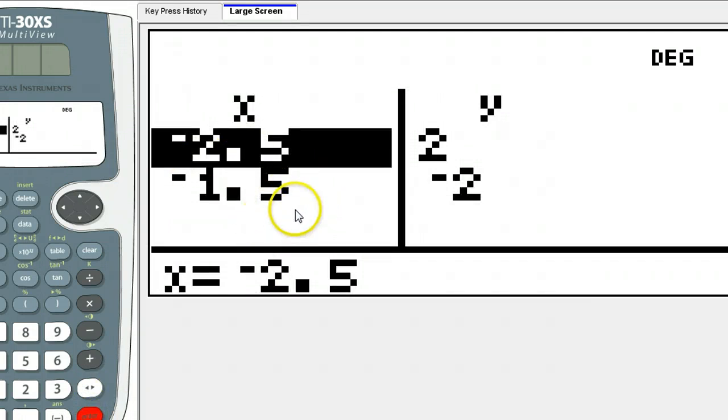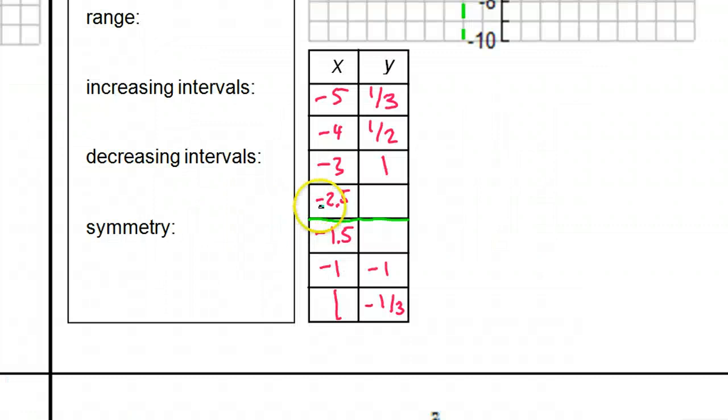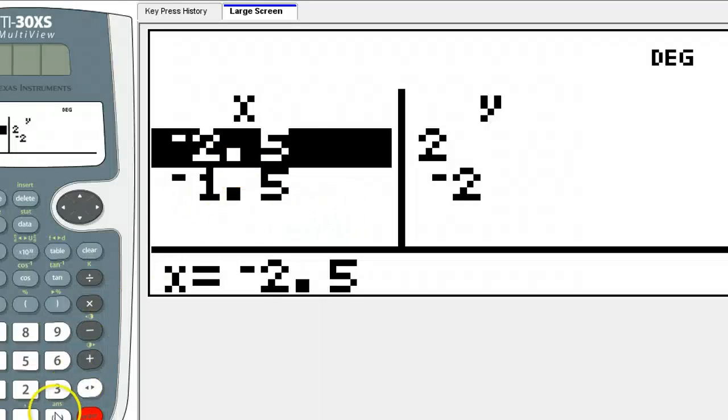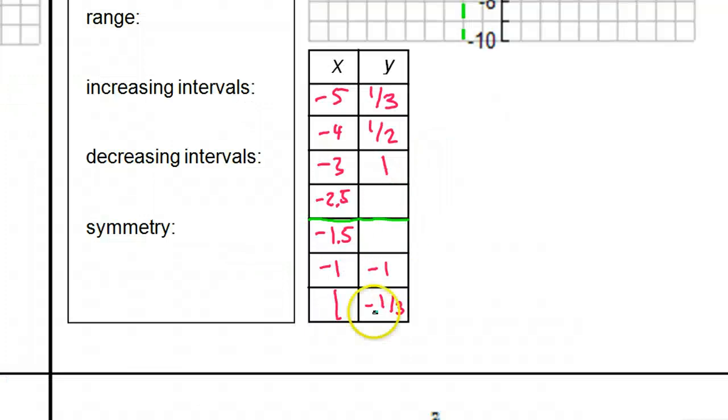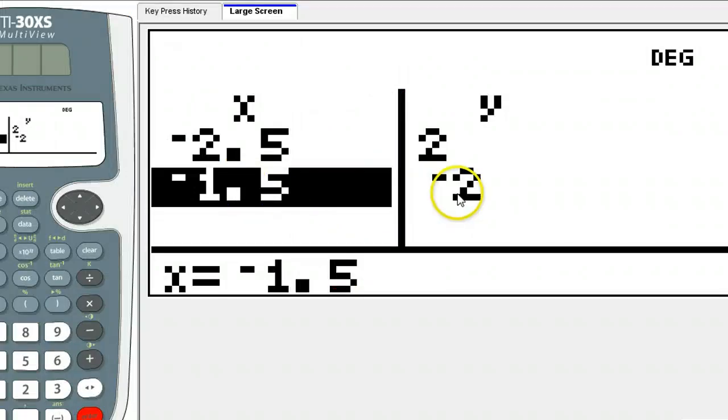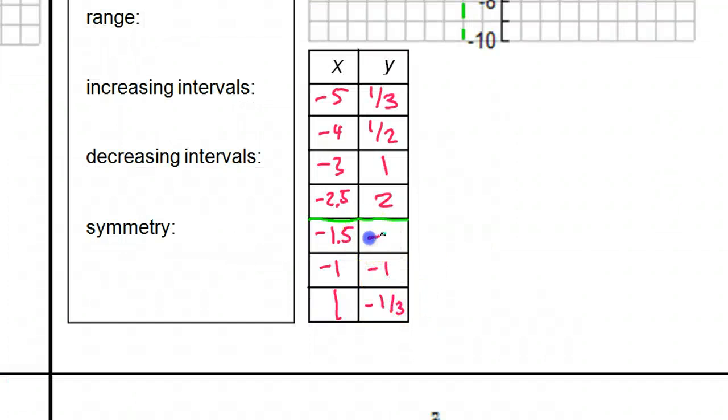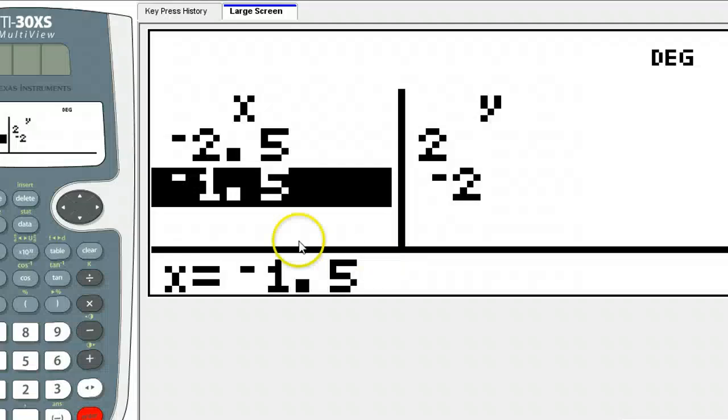Ask allows us to type in whatever we want. So I want to know what's happening at negative 2.5. It's already there, but I could just type negative 2.5. So at negative 2.5, it's 2. And at negative 1.5, it's negative 2. So try using the ask feature when you need to find some decimals, some weird numbers.